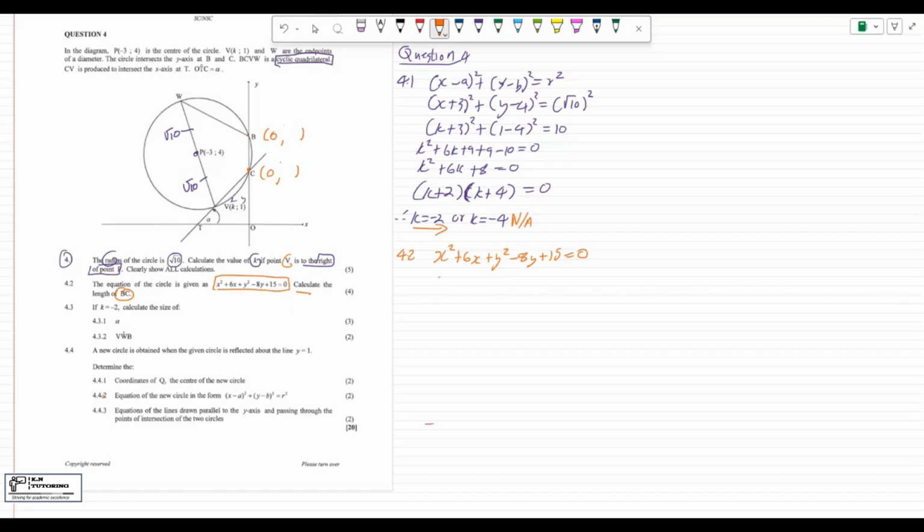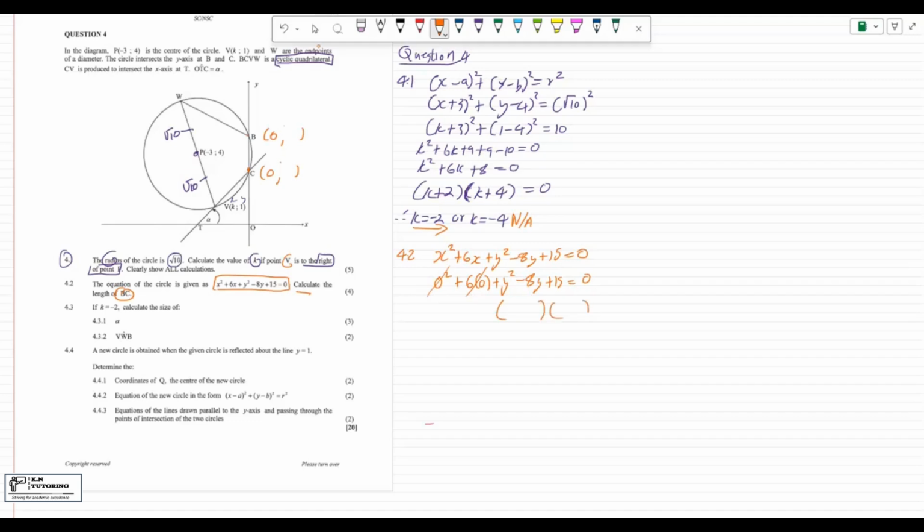So I'm going to substitute 0 squared plus 6 times 0. 6 times 0 is 0, so this will cancel, and I'll be left with y squared minus 8y plus 15 equals 0.